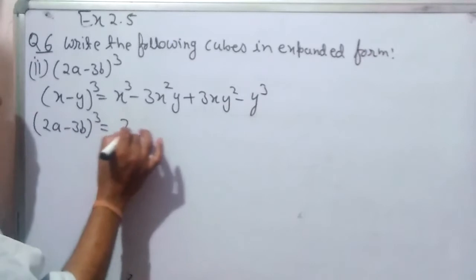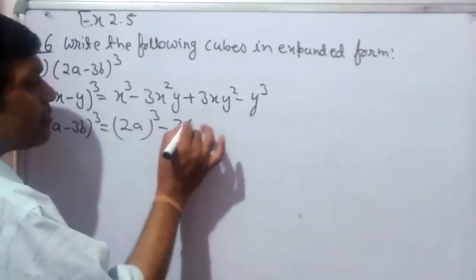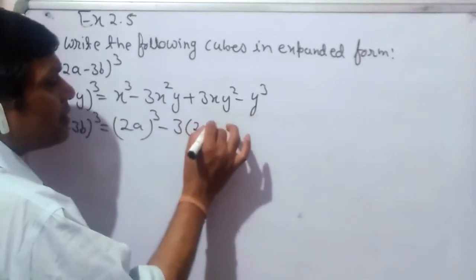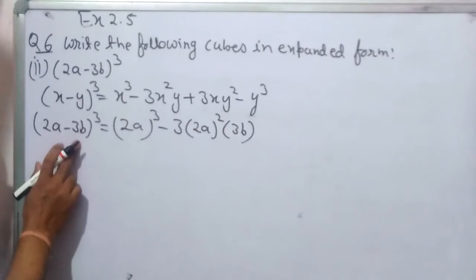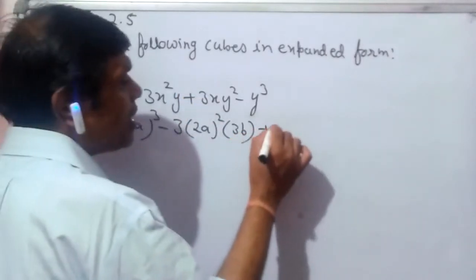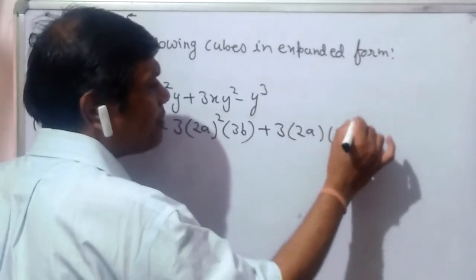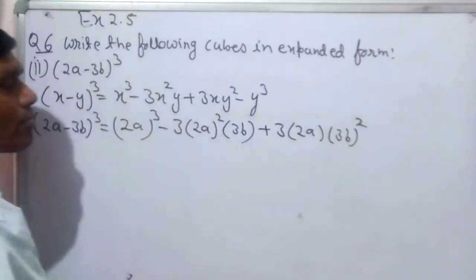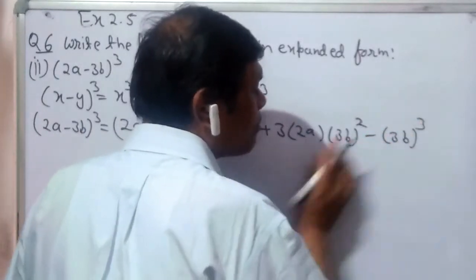In place of x, (twice a) whole cube minus 3. In place of x, (twice a) square. In place of y, it is 3b, plus 3xy square, twice a multiplied with (3b) square, minus y cube, that is minus (thrice b) whole cube.